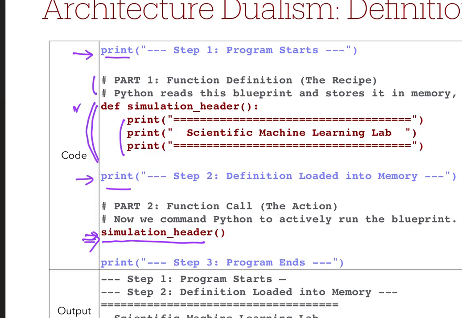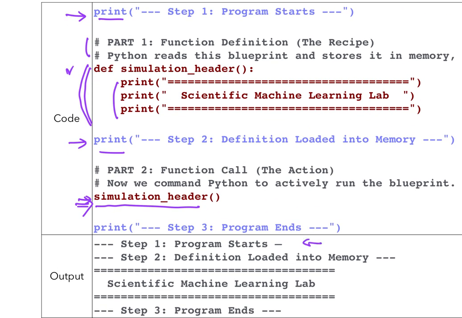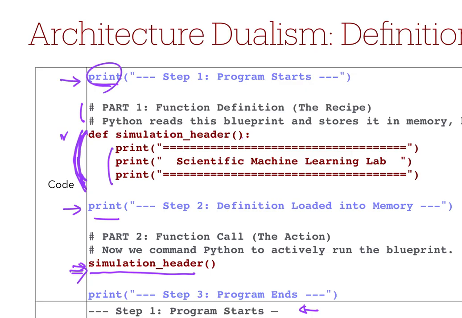So that's why you see the result of the first print command, and right after that you do not see the output of the function, even though the definition follows the first print line.